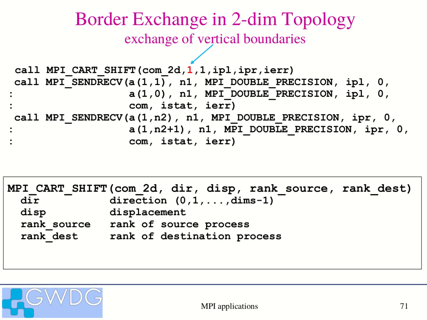We have to do the send and receive for the left boundary and the right boundary. So that's not different from the case with one-dimensional exchange.